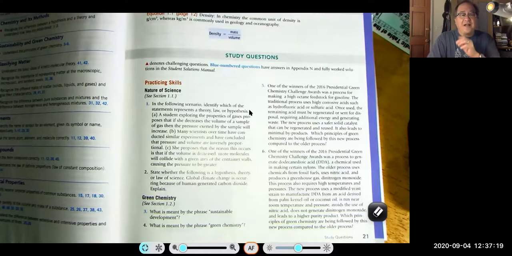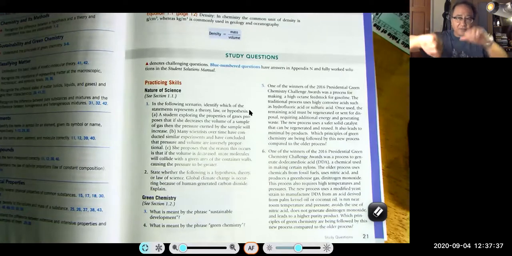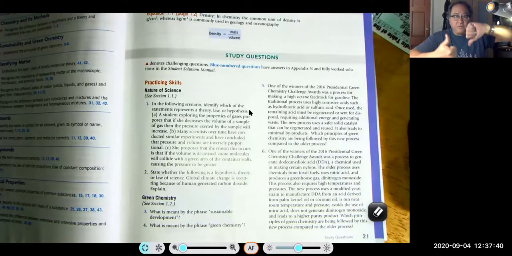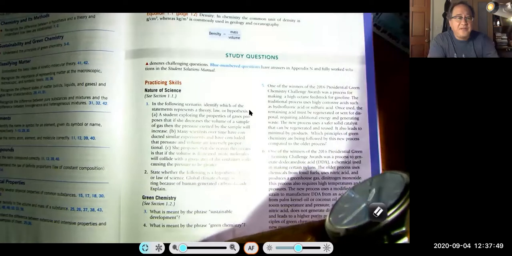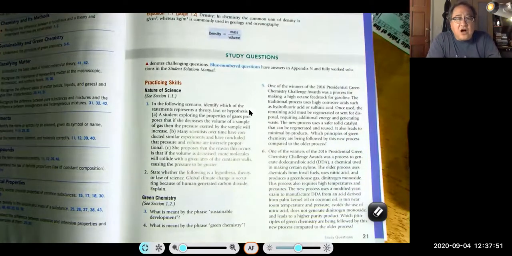A lot of times you might find the difference between a law and a theory is that a law is something where you don't have an explanation. No explanation whatsoever. You just notice that this is always the case. Pressure and volume are inversely proportional. You increase the pressure, volume goes down. That's what inversely proportional means. One goes up, one goes down. So usually and very often laws don't have explanations. We just notice this fact. So B, I'm going to have to call a law.